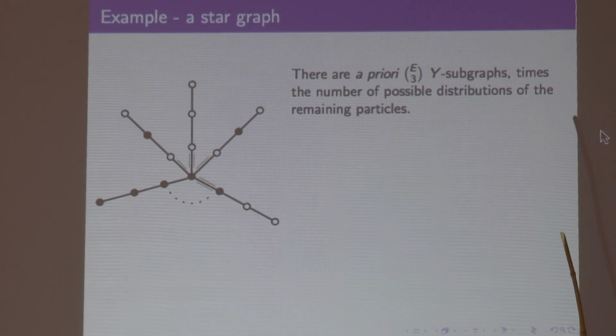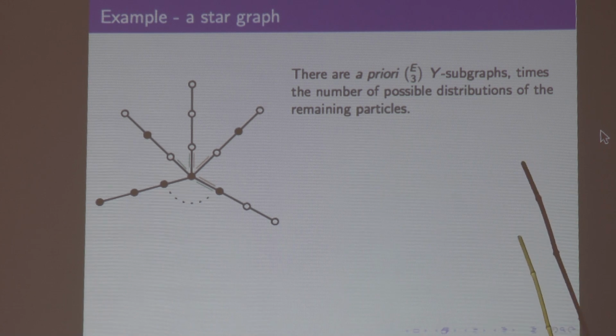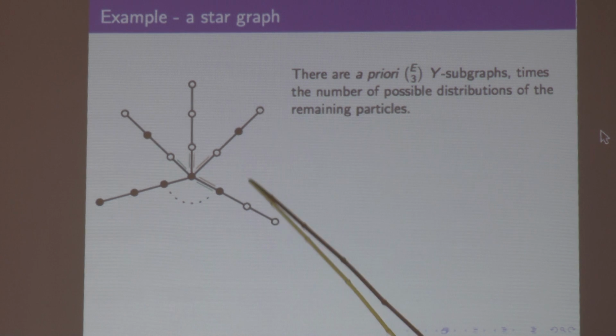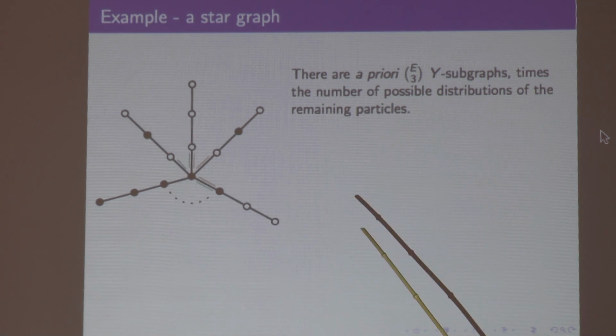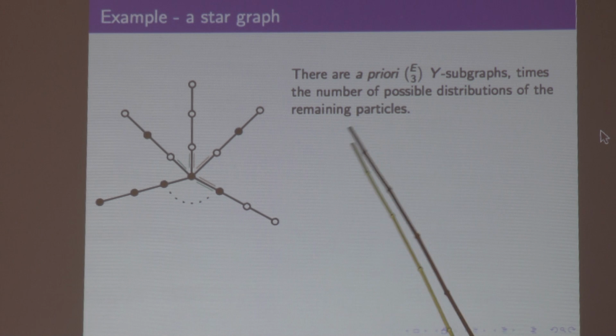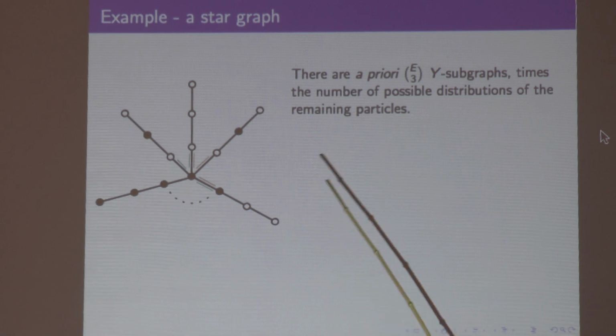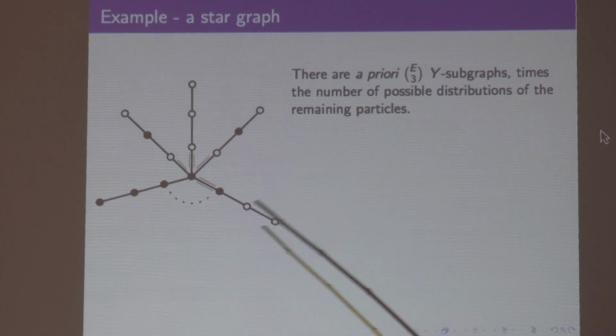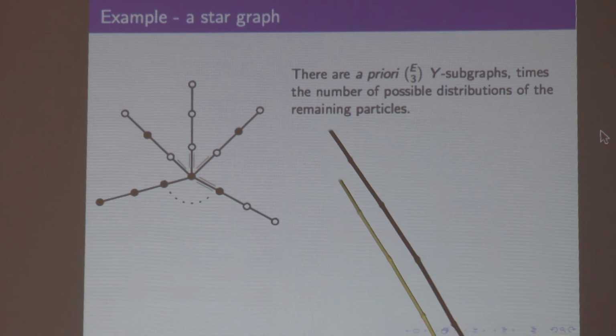So we can use this basis to count all possible cycles on a star graph, on each of the edges.